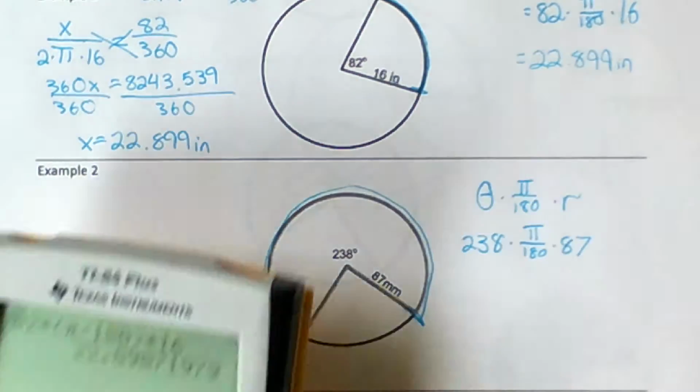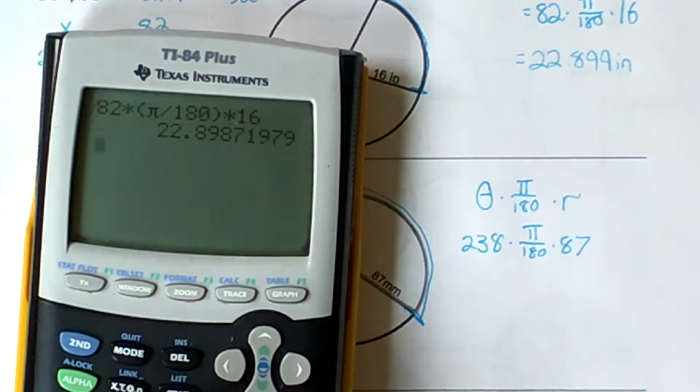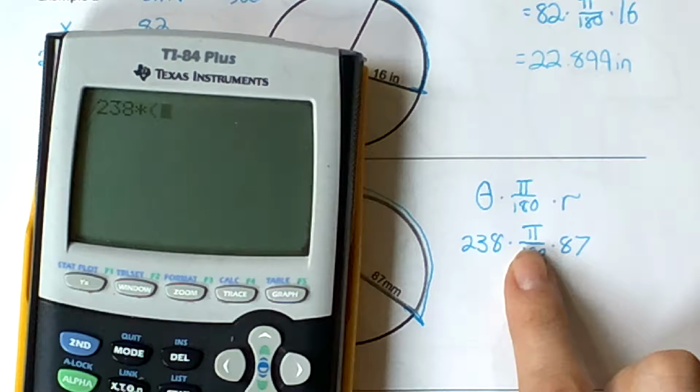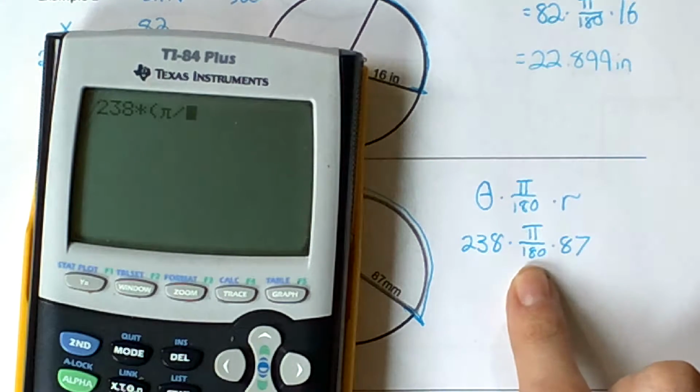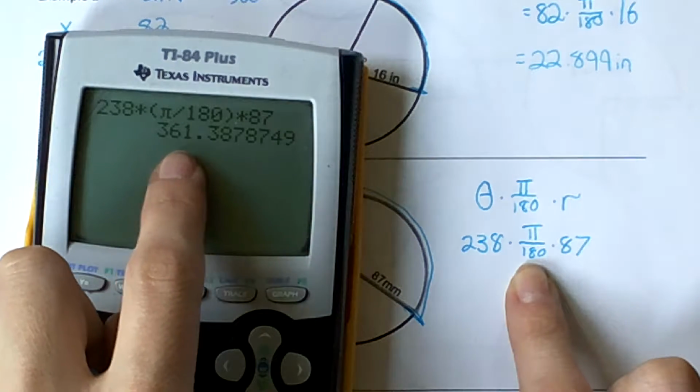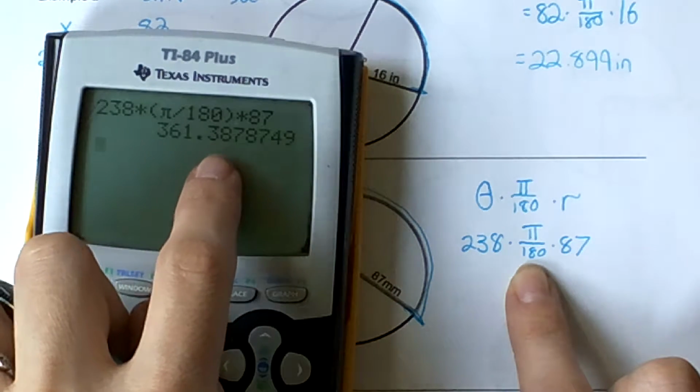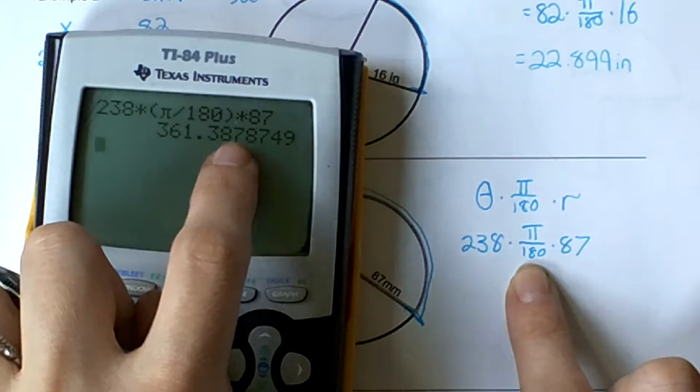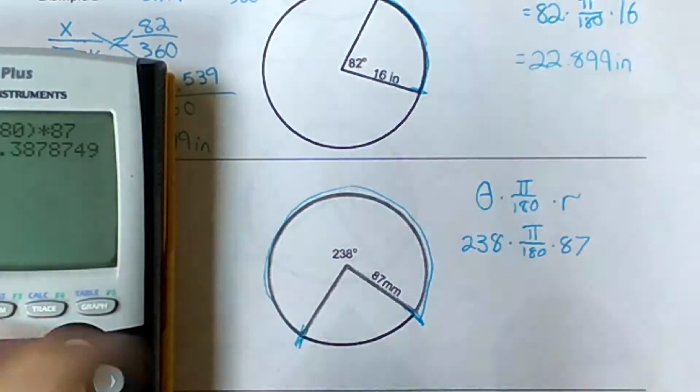Let's go ahead and type this in our calculator. So 238 times, in parentheses, pi divided by 180, close parentheses, times 87. We get 361.388, I'll round that up.